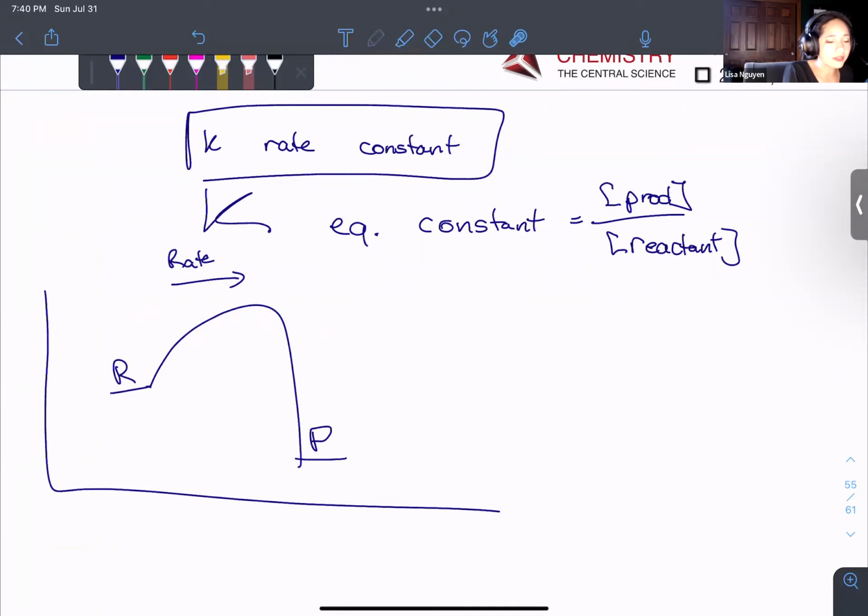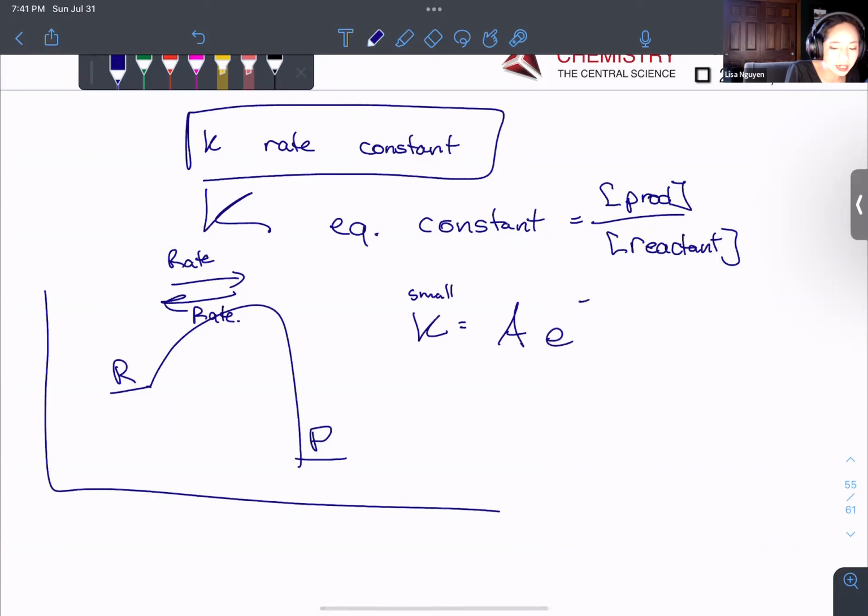But when we have a chemical equilibrium, the rate in the forward direction is equal to the rate in the reverse direction. One way we think about small k, the rate constant, is the Arrhenius equation, where the magnitude of how fast a reaction moves forward is based upon its activation energy and RT, the temperature at which you set your reaction.